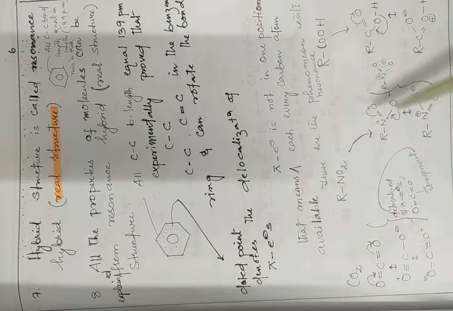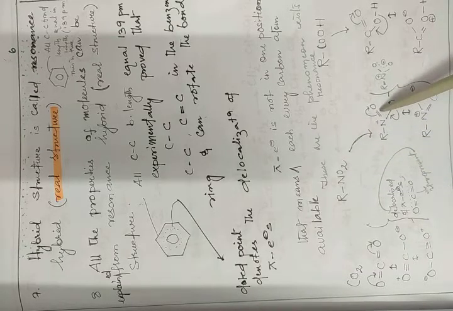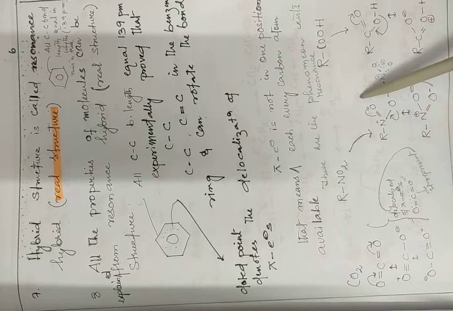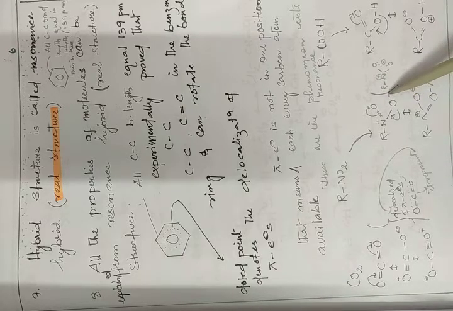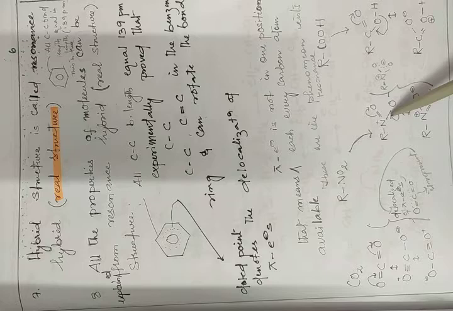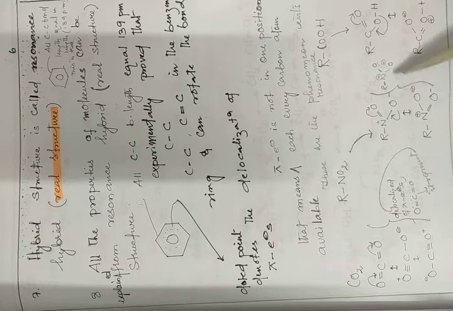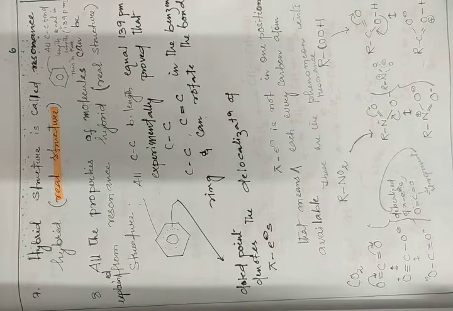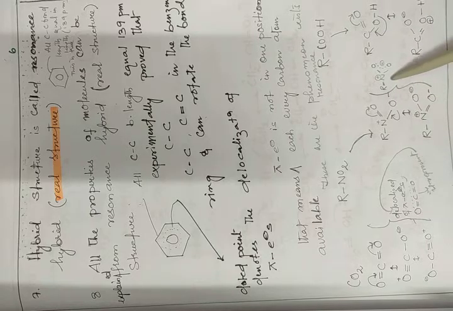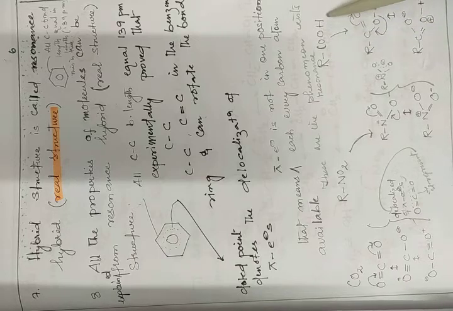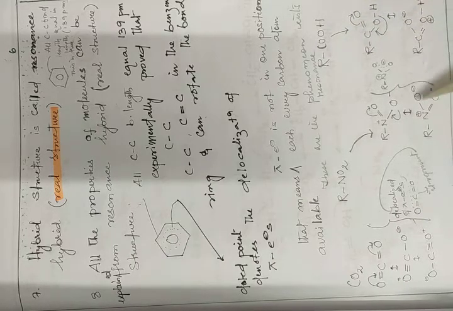Next, RNO2: this pi double bond is given to this oxygen, so that oxygen has more electrons and is represented as negative. From this negative oxygen the electrons are given to this bond, so that oxygen also has more electrons. These two represent the delocalization of pi electrons. The last one is RCOOH, which is the same as before.